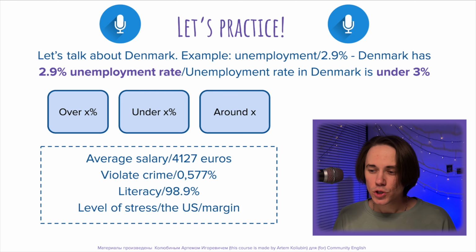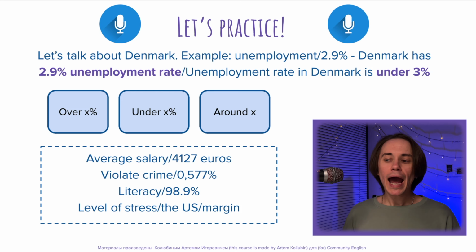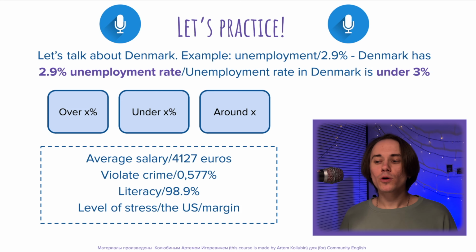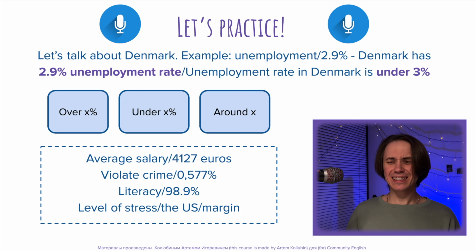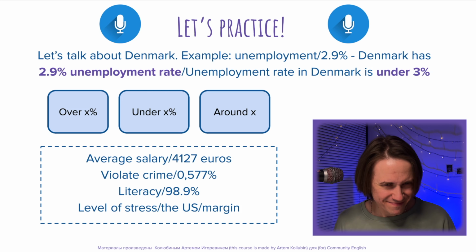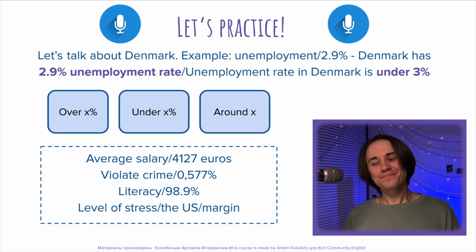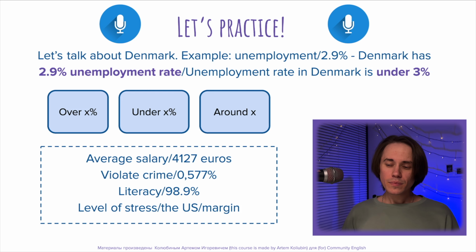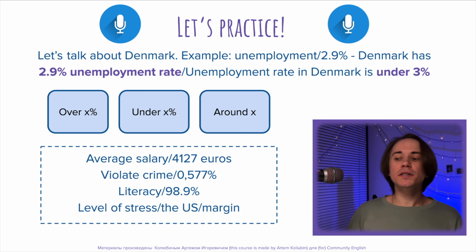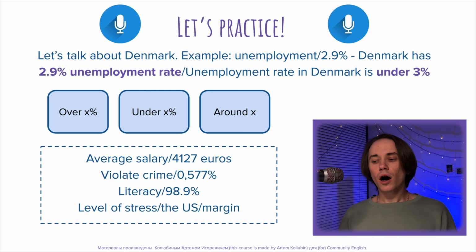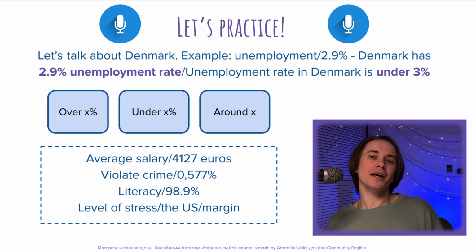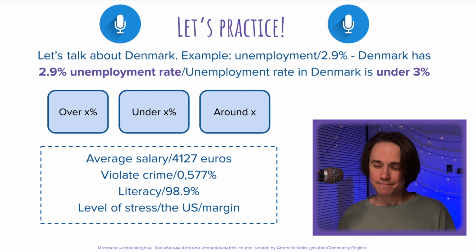Okay, so Denmark has around 0.6% violent crime rate. Oh my god, that was not easy. Next, literacy rate in Denmark is under 99%, or is around 99%.